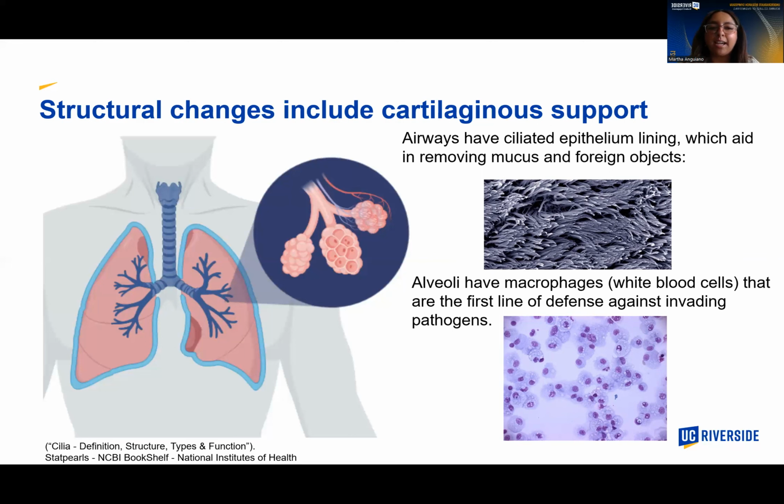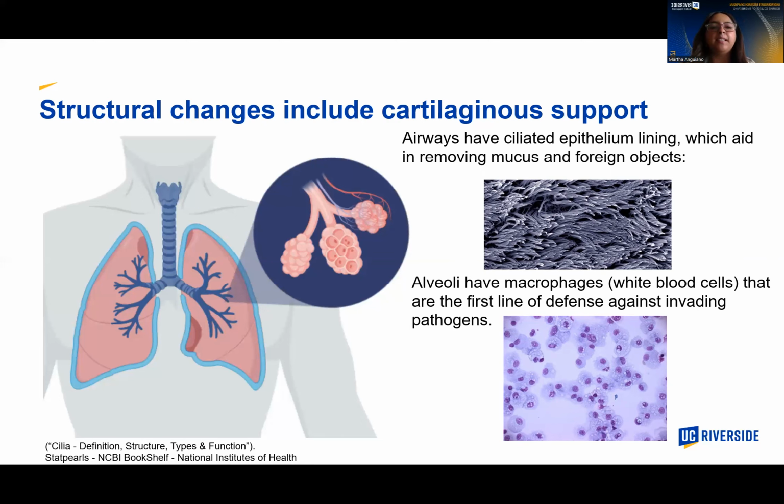Unlike the airway epithelium, the alveoli have macrophages, which are white blood cells. These primarily serve as the first line of defense against invading pathogens. This is an image of what the hair-like cilia structure looks like, and then this is what the macrophages look like.